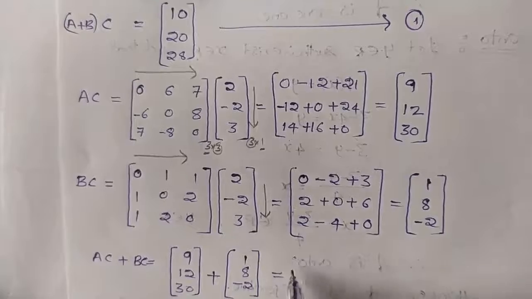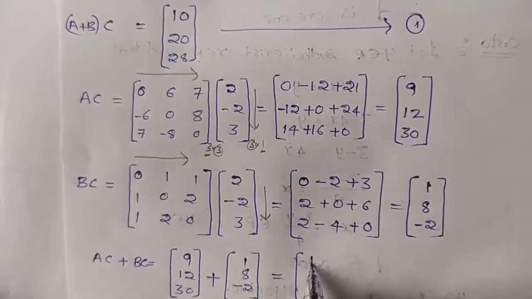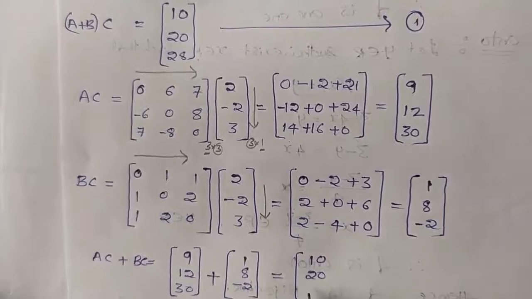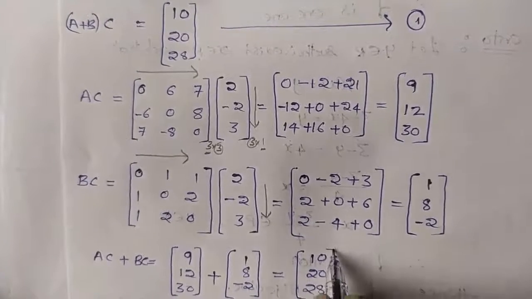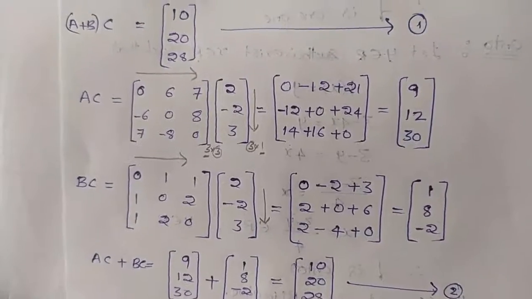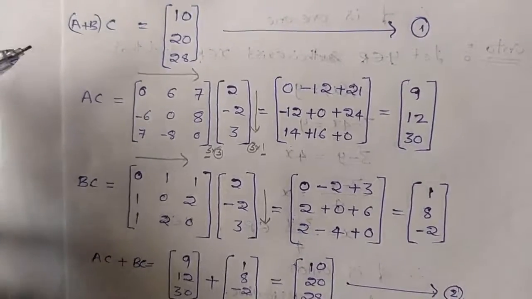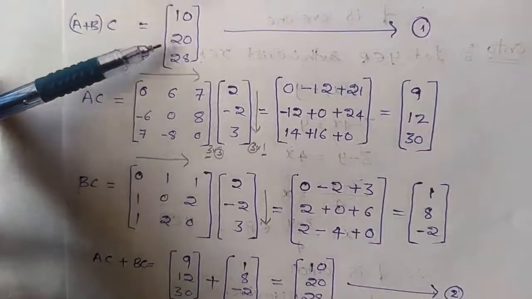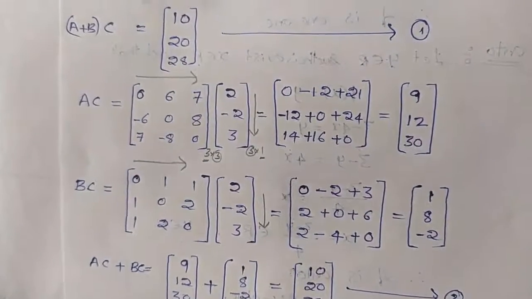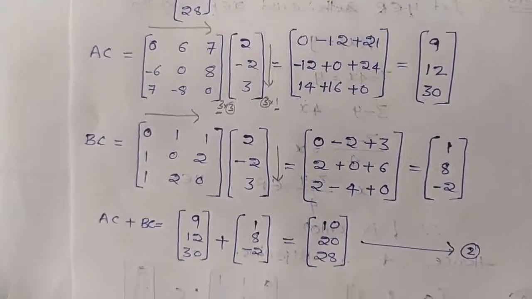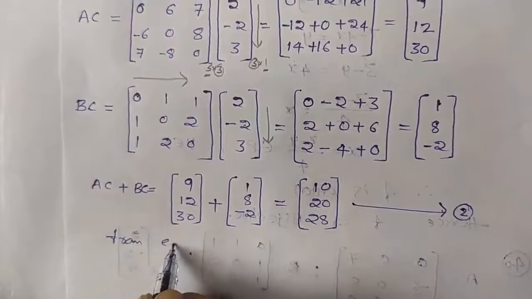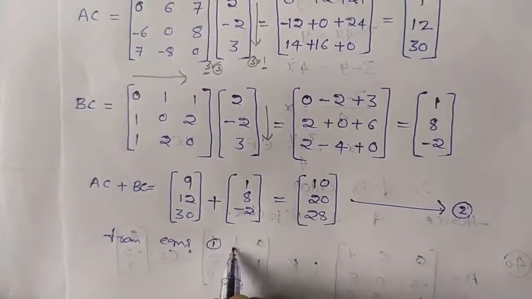Now add these two matrices. 9 plus 1 is 10. 12 plus 8 is 20. 30 minus 2 is 28. Call this equation number 2. Therefore, from equations 1 and 2, equation 1 is 10, 20, 28, equation 2 is also 10, 20, 28. Hence, we can say that both are equal.